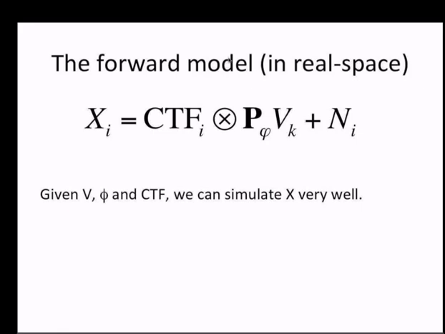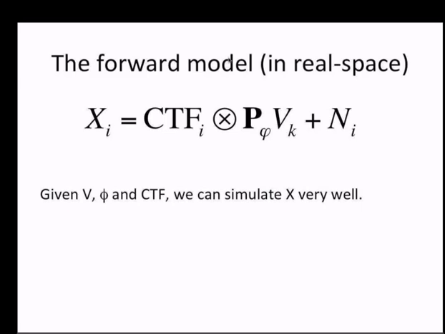That's the operator P_phi. And because we have good models for the effects of CTF on our images, we can convolve our projection images with the CTF, and then simulate some noise in the images, and get a pretty good representation of our experimental data. That's called the forward model, and the parameters for that model are relatively well understood.